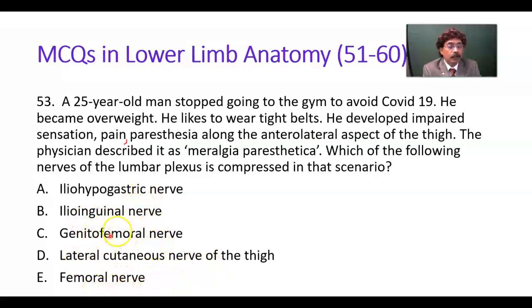Usually it is obstructed under the inguinal ligament. It may be obstructed in the abdomen, behind the cecum, behind the sigmoid colon, that is possible, but usually it is compressed where it passes through the inguinal ligament. What is that nerve from this?